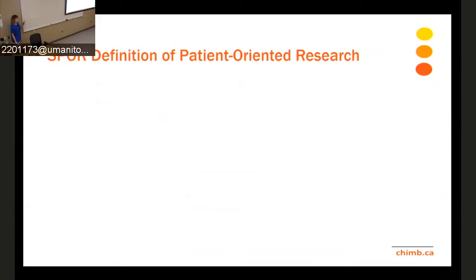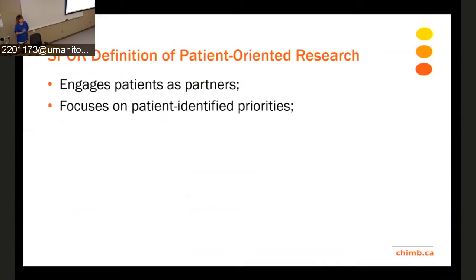But today, the Georgian Fahey Center for Healthcare Innovation is part of a national initiative known as the Strategy for Patient-Oriented Research, and so the acronym is SPOR. And we want to know what is patient-oriented research, because a lot of times there's a lot of confusion about what this actually means. It's seen as a continuum of research that engages patients as partners, that focuses on patient-identified priorities, and that improves patient outcomes.